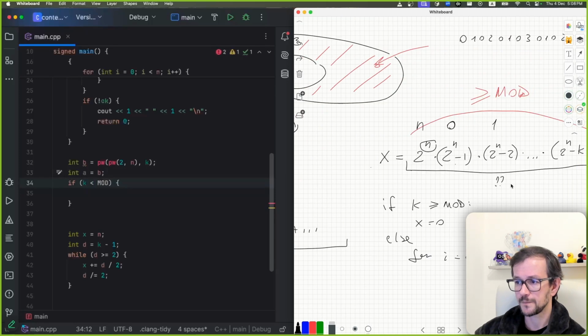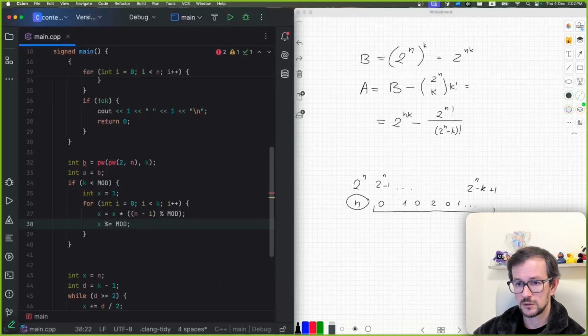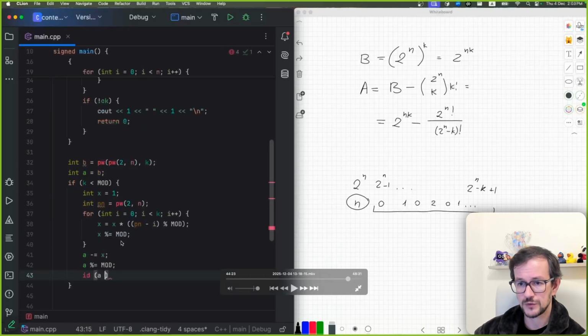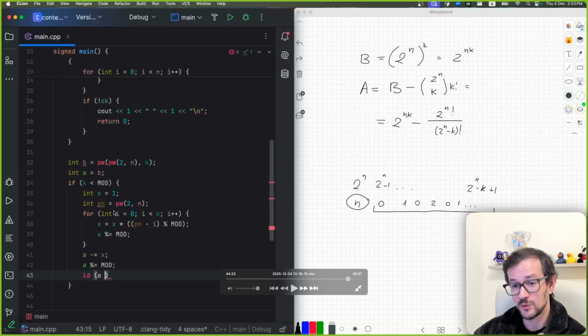This calculation. Yeah, let's just do it. So I calculate this number. You need to do it carefully so you don't make any integer overflows here. So I calculate 2 power n modulo, and here I calculate 2 power n minus this, also modulo, and then everything modulo.